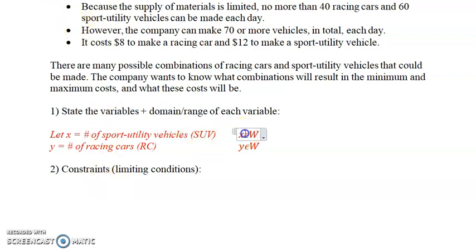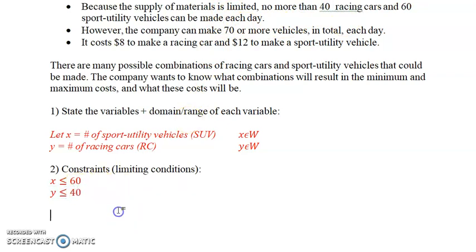So it's going to be X, and that would have to be less than or equal to 60. And Y has to be less than or equal to, what did it say, 40, right? No more than 40 race cars.